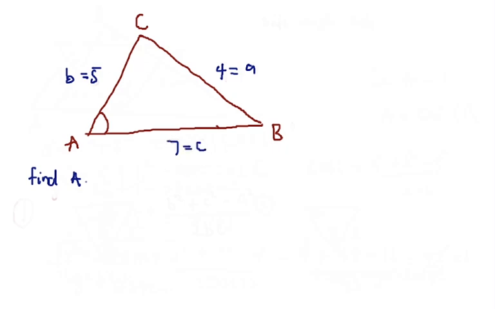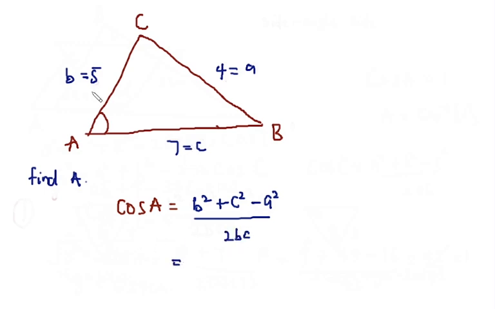If you want to write this cosine rule in terms of angle A, cos A is equal to b squared plus c squared minus a squared divided by 2bc. We already know b, a, and c, so you can easily plug them in.